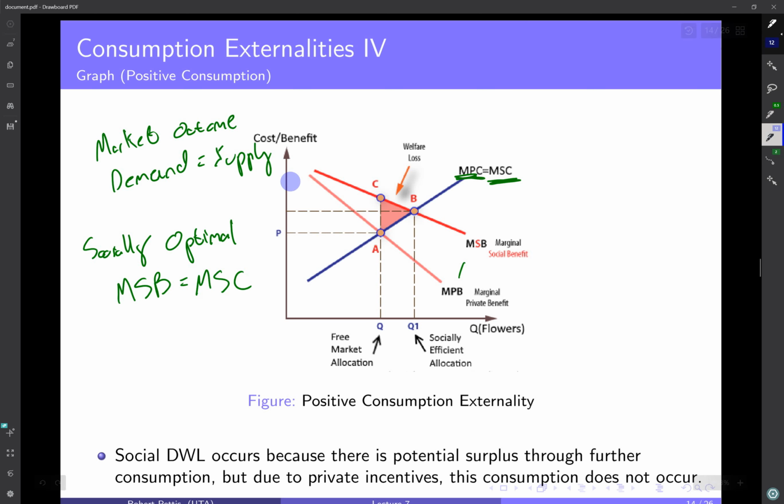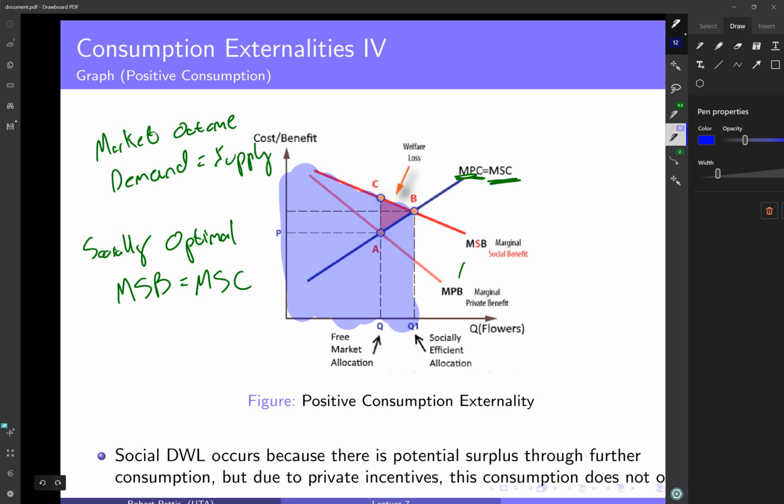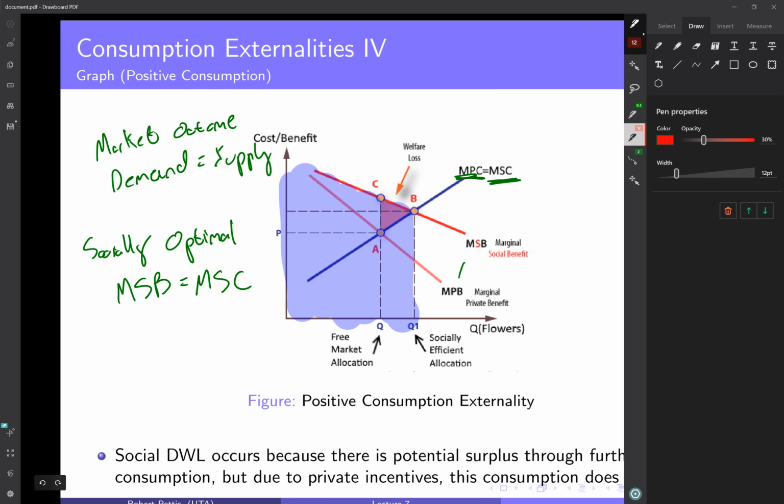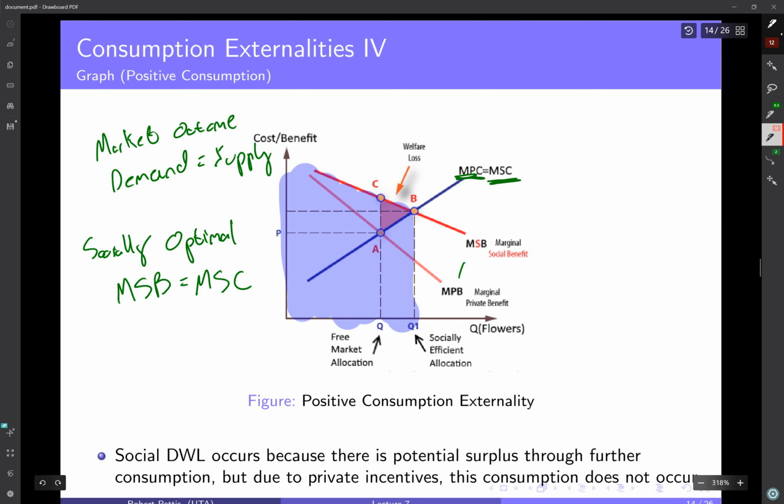Okay, so that's just going to be the area under this. This is total social benefit. And now let's find the total social cost. Okay, so that's just going to be what's under this social cost curve.